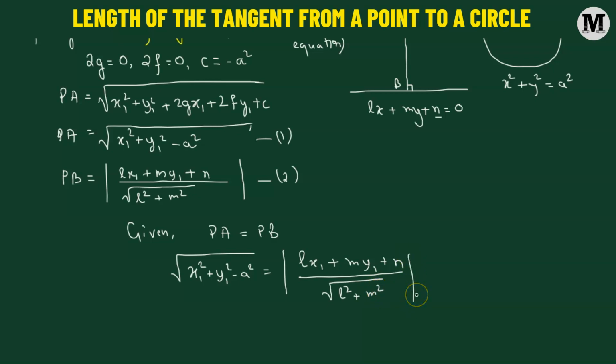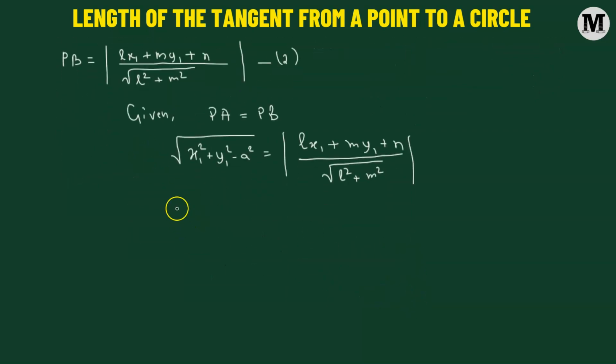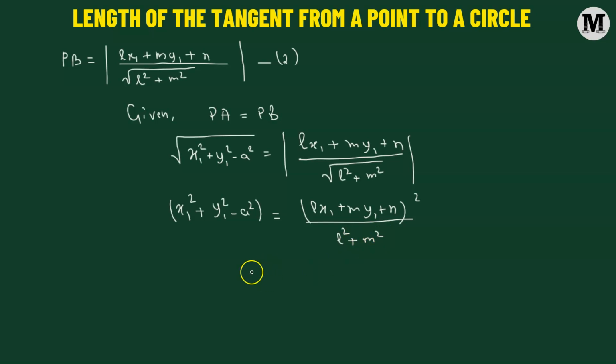Now we're going to square both sides to get x1 squared plus y1 squared minus a squared equal to Lx1 plus m times y1 plus n whole squared divided by L squared plus m squared. Let's cross multiply.